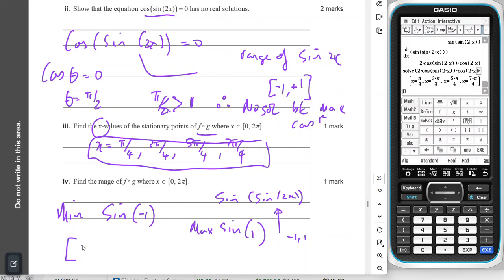So I'm going to say it's the negative sine of 1 radian up to the positive sine of 1 radian. It's going to be the range.